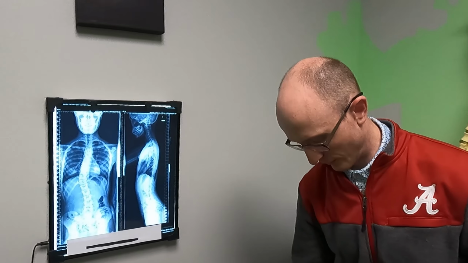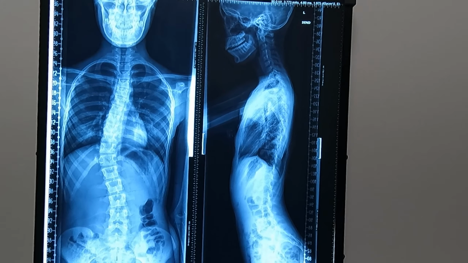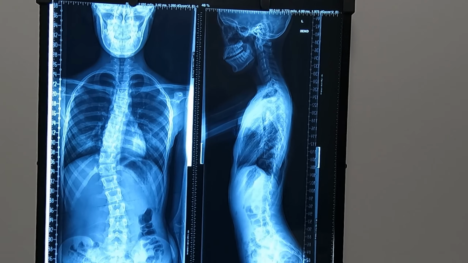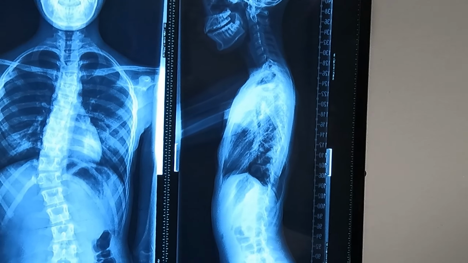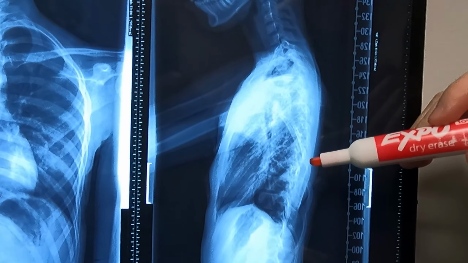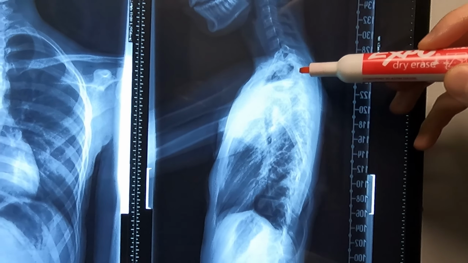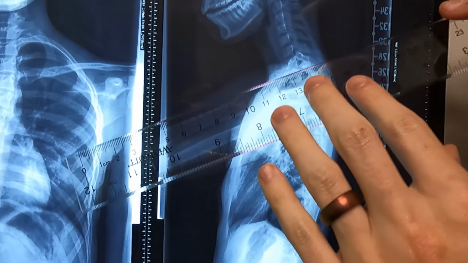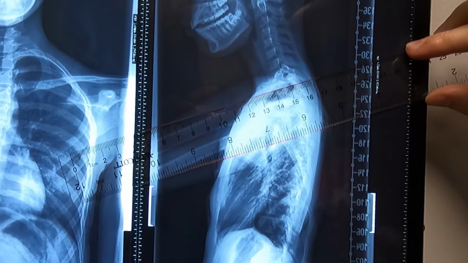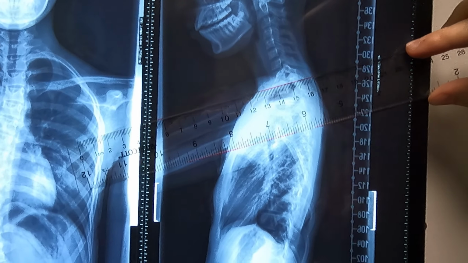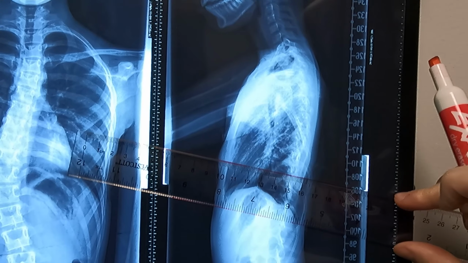And we're going to look at how to measure that on here. So typically what you'll do to measure a kyphosis is you'll find the apex of the curve. And for us, this is a pretty difficult x-ray to find, but hey, it's real life, so we got to practice it. So I'm just going to take kind of the bottom of T1 here, and we're just going to kind of follow and see if that measures with the rhythm of that curve.